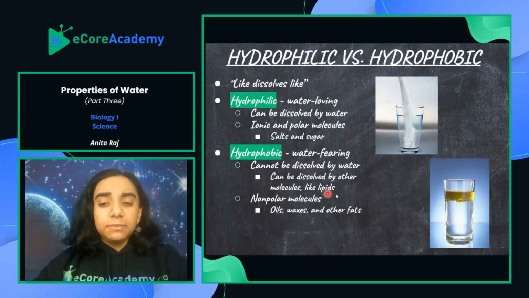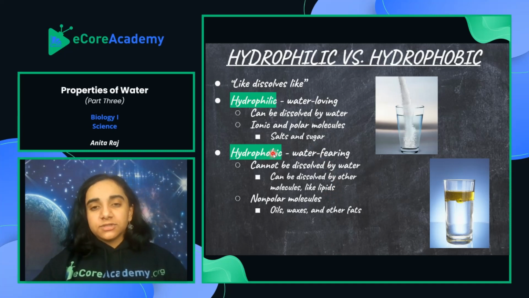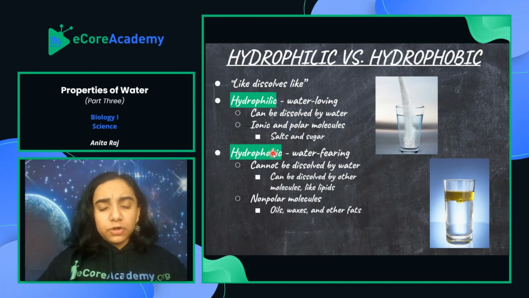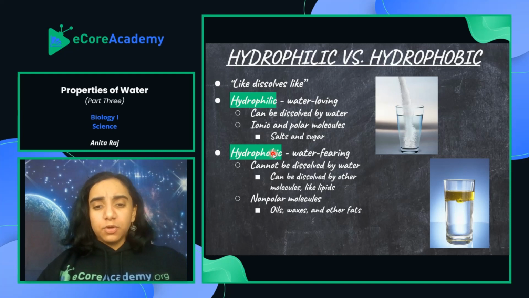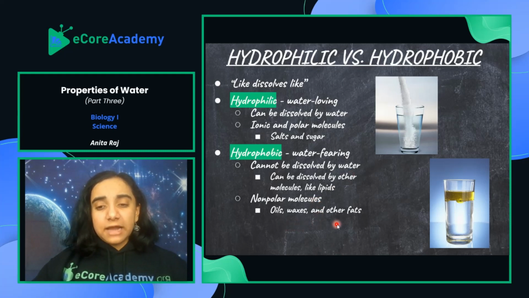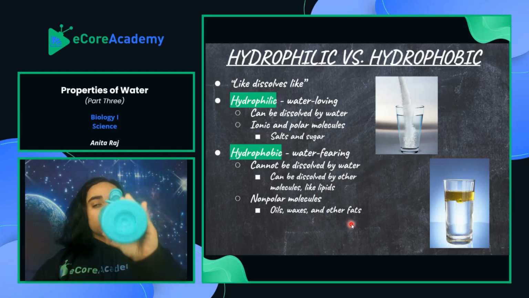However, lipids, which are also hydrophobic, which are also nonpolar, can dissolve other hydrophobic molecules. Nonpolar molecules can dissolve nonpolar molecules. Examples of such nonpolar molecules are oils, waxes, and other fats.